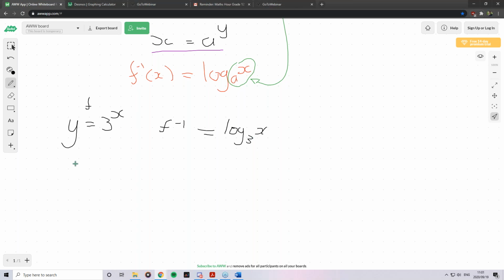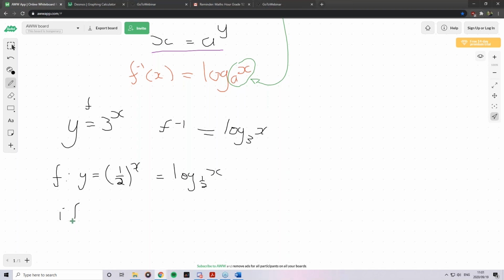Now, an important little note here, you can just memorize these: if y is equal to a half to the power of x, this will just become log base a half of x as well. Nothing changes.